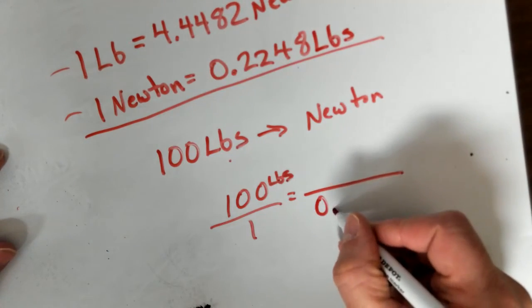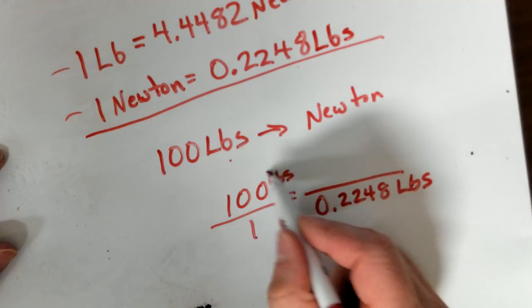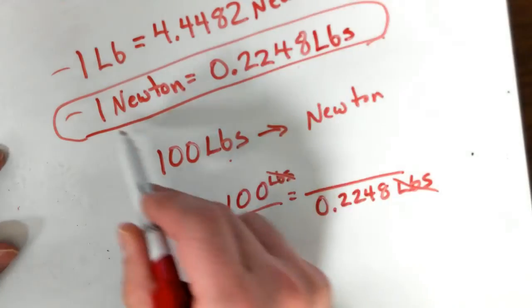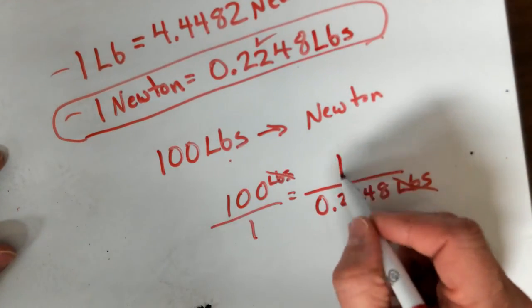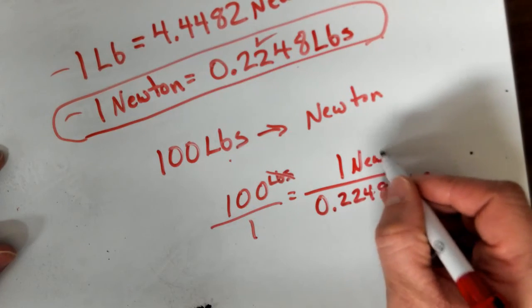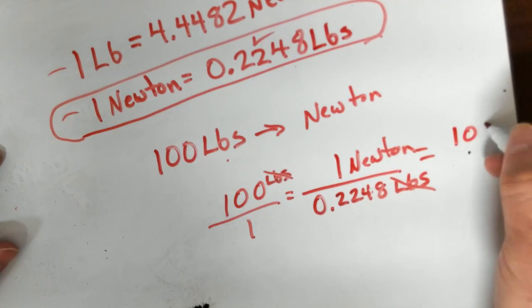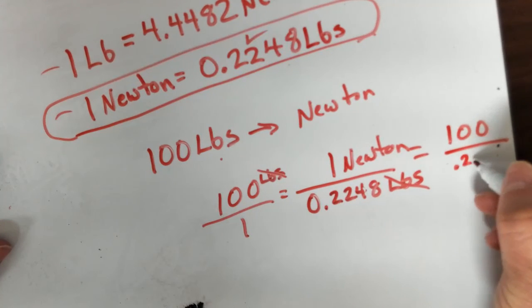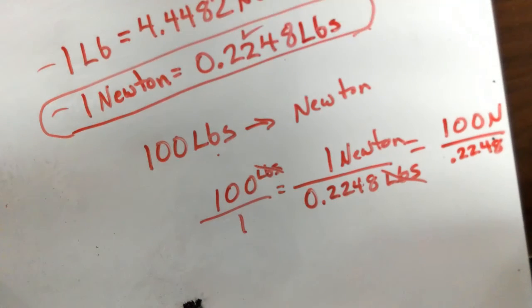So it would be 0.2248 pounds. I get to cross those out. And the only thing that's left, and I have to use the whole conversion factor, the newton, goes right up here, whatever's left over. There's my newton. So it would equal 100 times 1 is 100, divided by 1 times 0.2248, and that newton comes over there. And then we'll grab us a calculator.